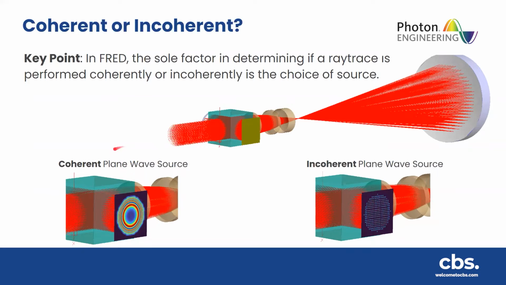A nice fringe pattern there because of the two beams interfering. If I use the exact same plane wave source, same aperture, same wavelength, but an incoherent version, and Fred has coherent and incoherent versions, this is the result we get. I hope you can see that through the presentation. It's just a series of dots for each independent ray. Essentially, because an incoherent ray is quite simply a delta function, just a dot at an exact point in space.